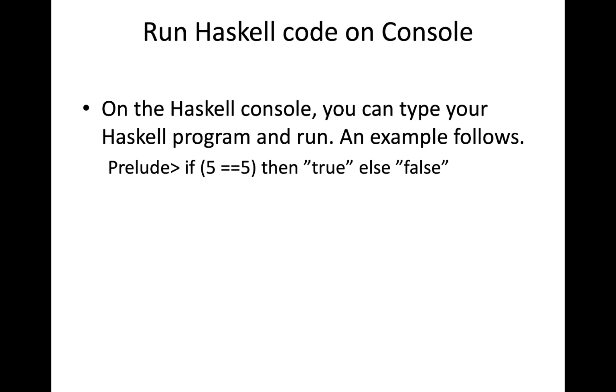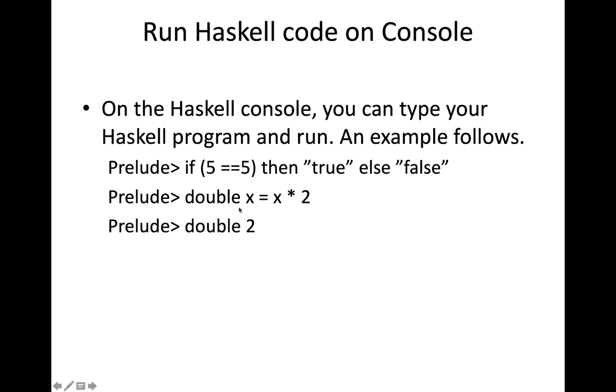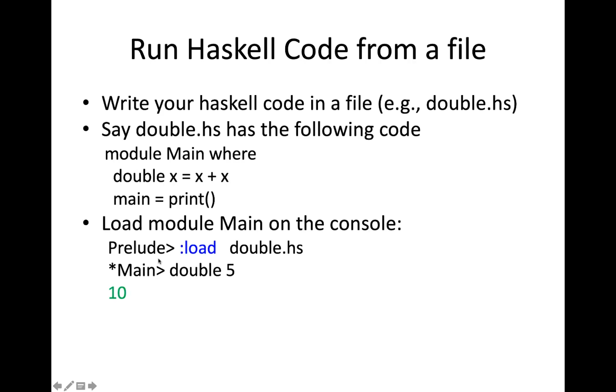And there on the Haskell console, which typically comes with this Prelude symbol, you can type an expression. So we can type this if-False clause, and as this is a true statement, this should return true. And then you can also define a function right there. So double is a function, and then you can call double, and that should give you the result 4, right? So on the console you can do your work.